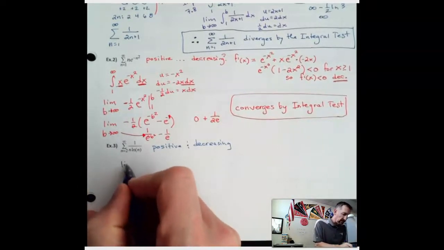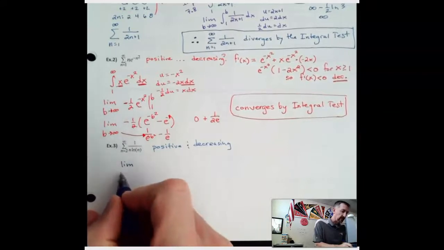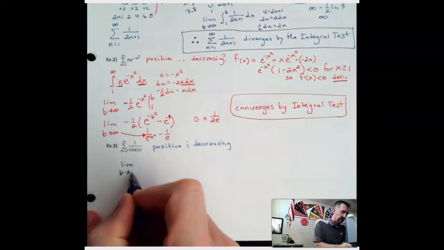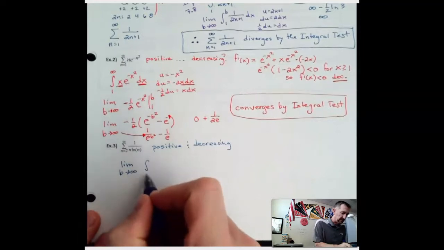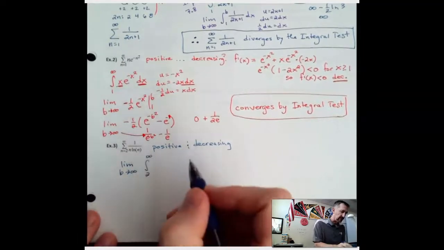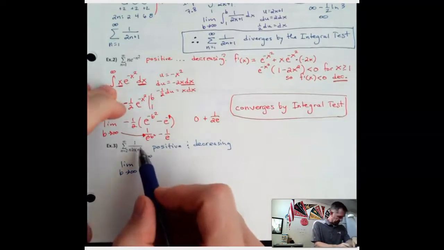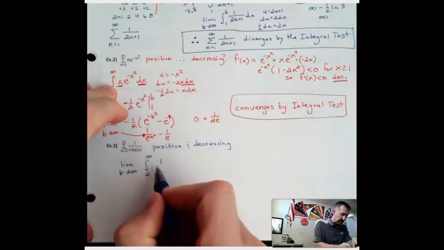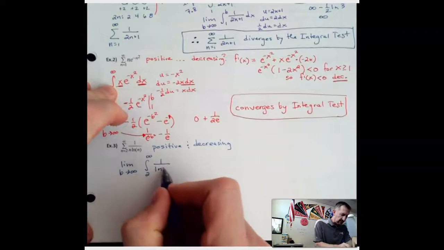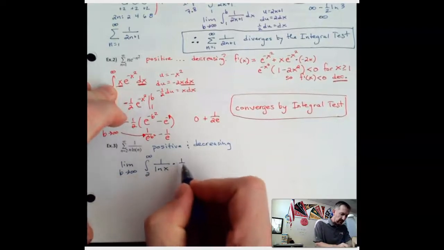So, another improper integral. The limit as b approaches infinity, the integral from 2 to infinity. Let's separate this. We'll have 1 over the natural log of x times 1 over x.